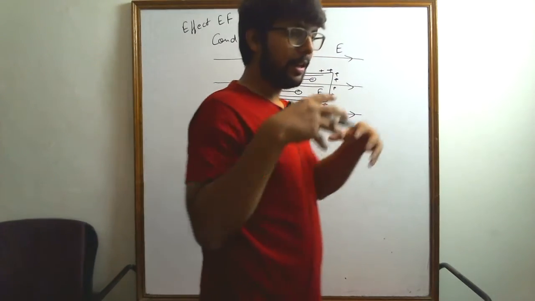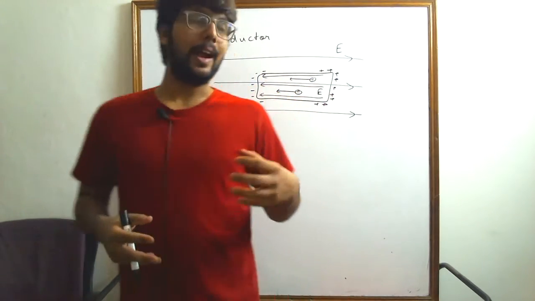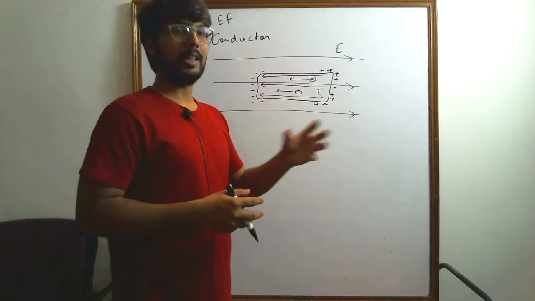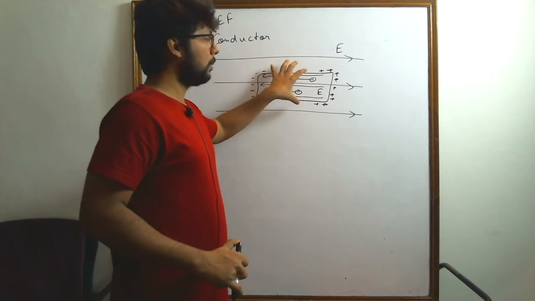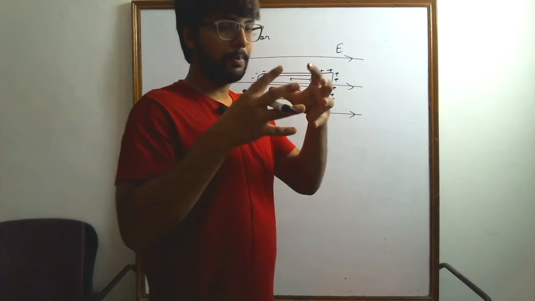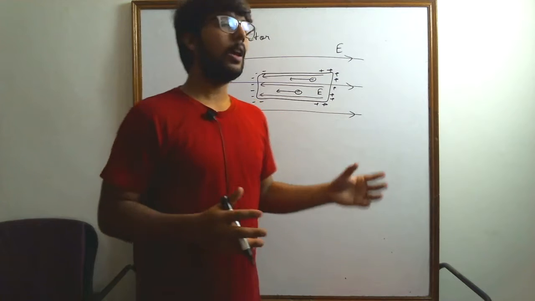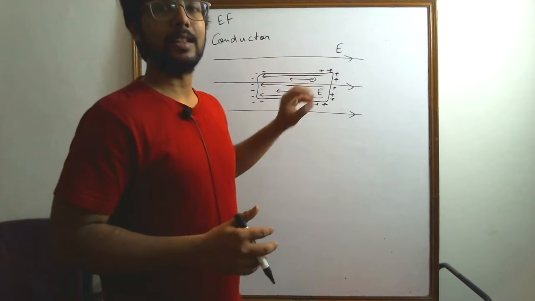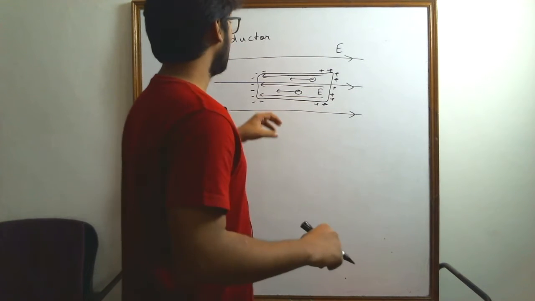Okay, this is a basic fundamental property of a conductor, and this is in a way a differentiating factor between conductors and non-conductors. So when we see a piece of material which we do not know is a conductor or not, and we see this property happening in it, then we say that yes, this piece of material is a conductor, right?